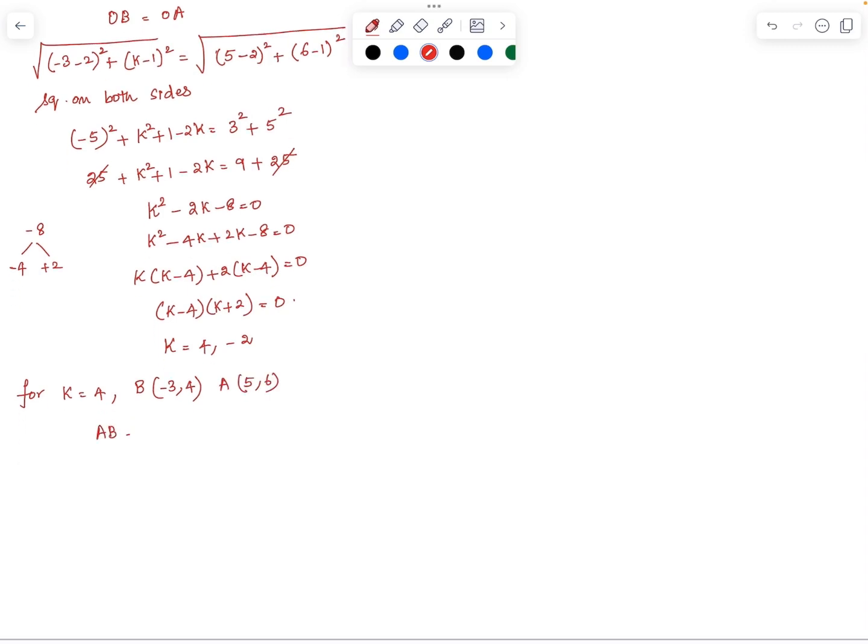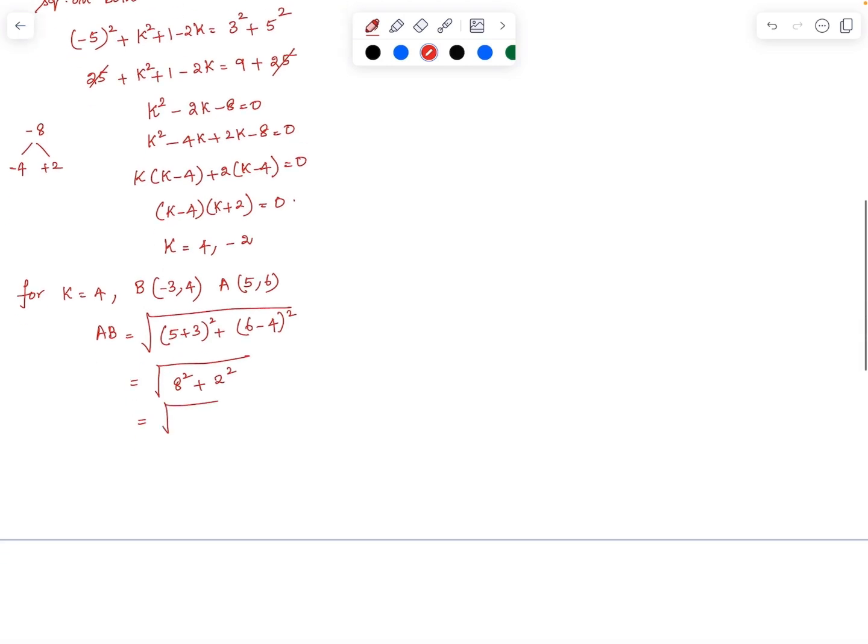So AB is equal to, taking B as x2, y2 and A as x1, y1, AB is square root of (5 plus 3) the whole square plus (6 minus 4) the whole square, which is root of 8 square plus 2 square, that is root 64 plus 4, which is root 68. 68 can be written as 4 times 17, so we get 2 root 17 units.